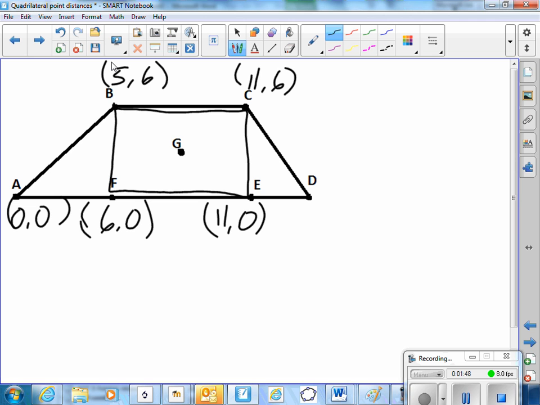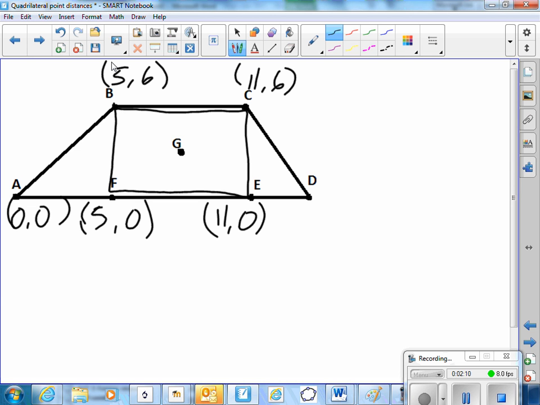So the x-coordinate for G would be halfway between 6 and 11. Well, the halfway point between 6 and 11, I'm sorry, that's over 5 up 0, over 11 up 0.